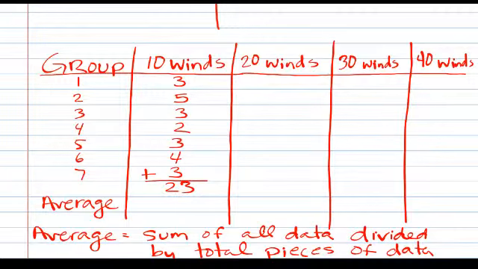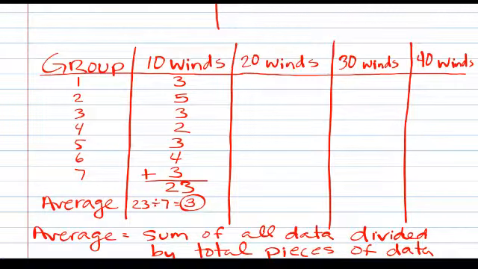There were 7 groups, so my average is going to be 23 divided by 7. When I take 23 divided by 7, I get 3 with a remainder of 2. I'm going to skip the remainder and just say 3. So that's my average. My average is 3.